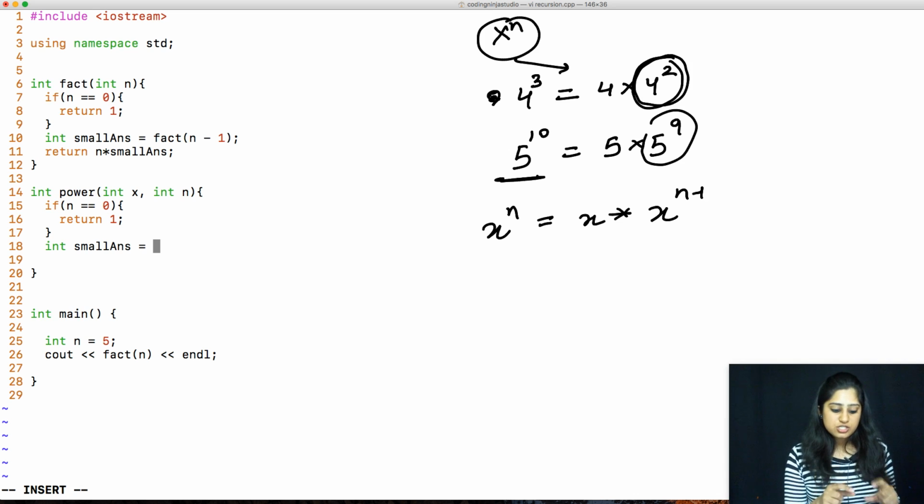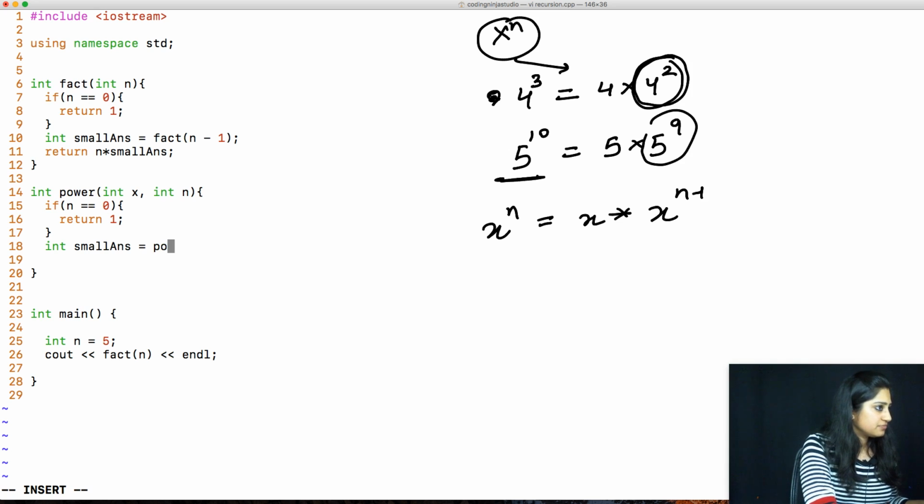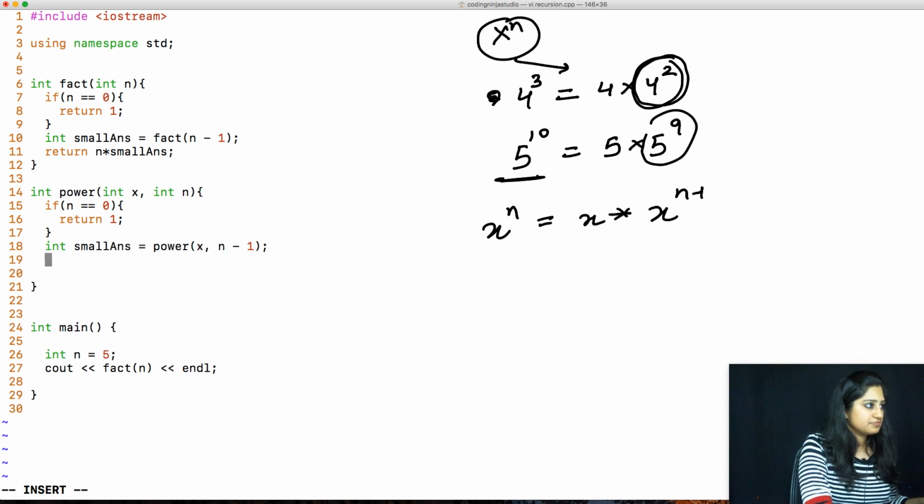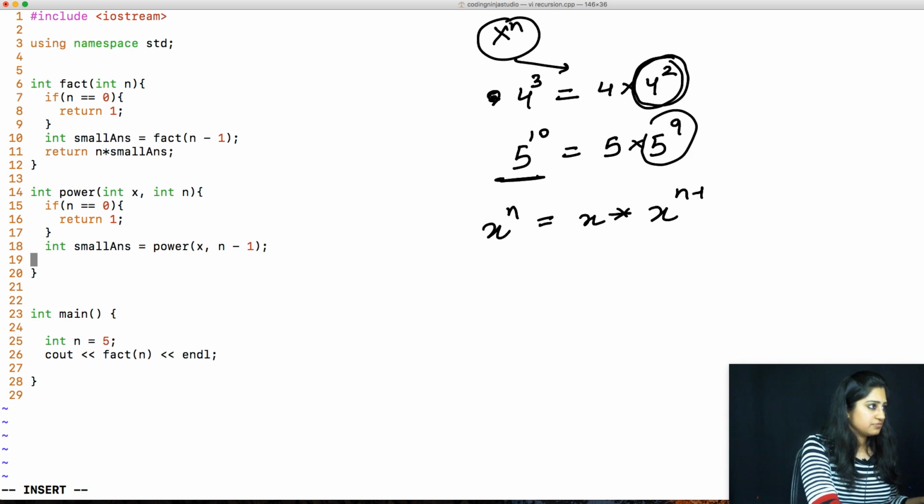Now I just wrote this power function whose task is to perform x to the power of n. Now I need x to the power of n minus 1. Same problem, right, with just a smaller power. So I'll use the same function power to figure out x to the power of n minus 1, and I can simply return this.